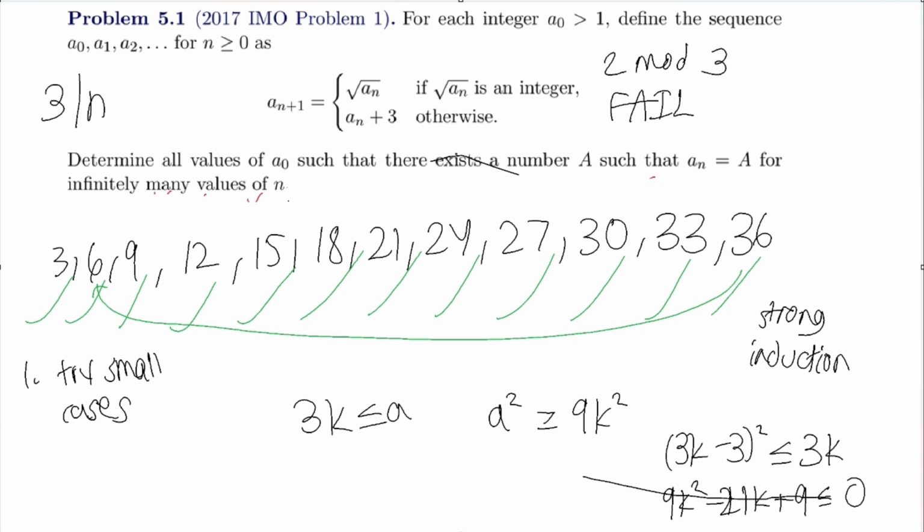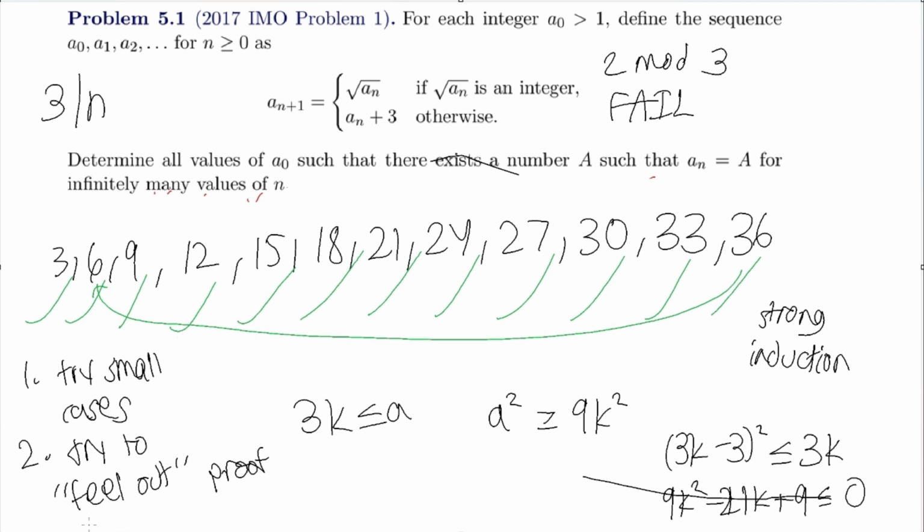Then the second idea is always try to quote unquote feel out the proof. In this case, we kind of felt out the proof before we did any details, where we realized that if we get to a perfect square, we're always going to get to a number that's smaller, and we're going to just keep getting smaller and smaller and smaller until we either get stuck in a loop or go off to infinity.